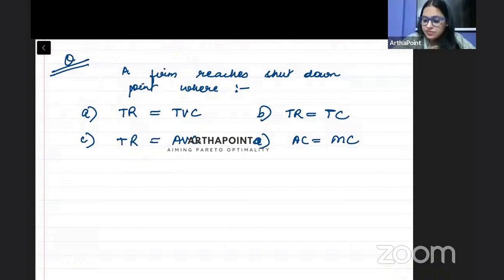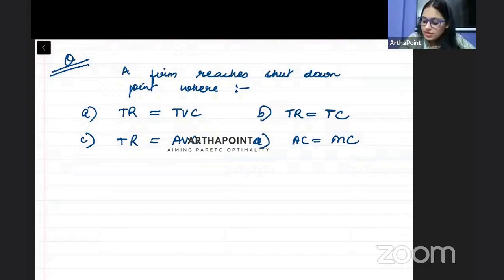Shutdown point is where you only cover your... Okay. See, I see a lot of wrong answers here. देखो ध्यान से सुनो मेरी बात. Shutdown point is a point where you are able to cover only your variable cost. You are at the min of the AVC. ठीक है बेटा.